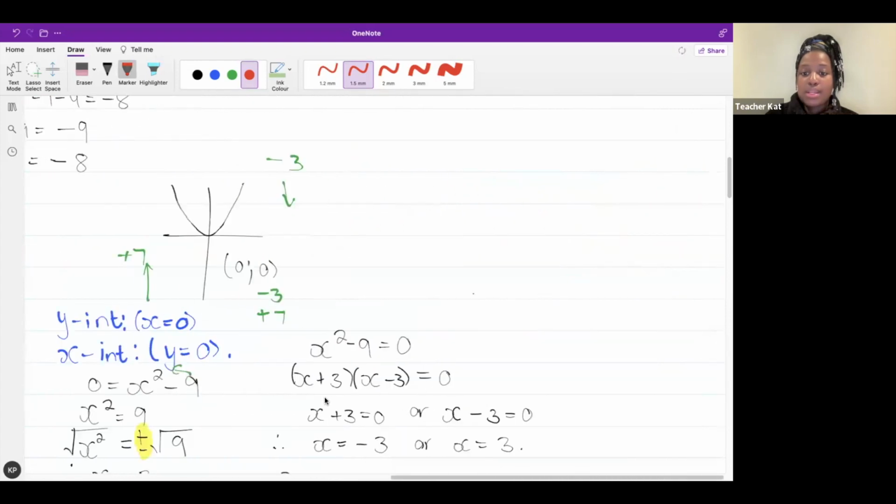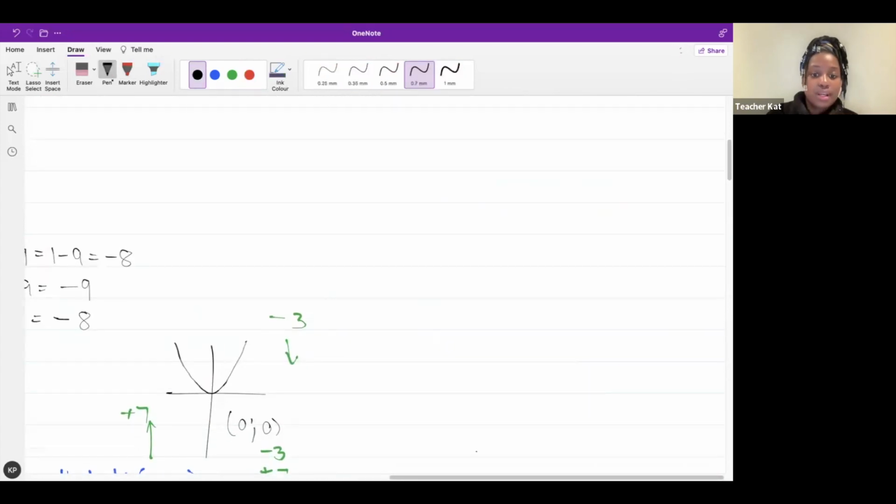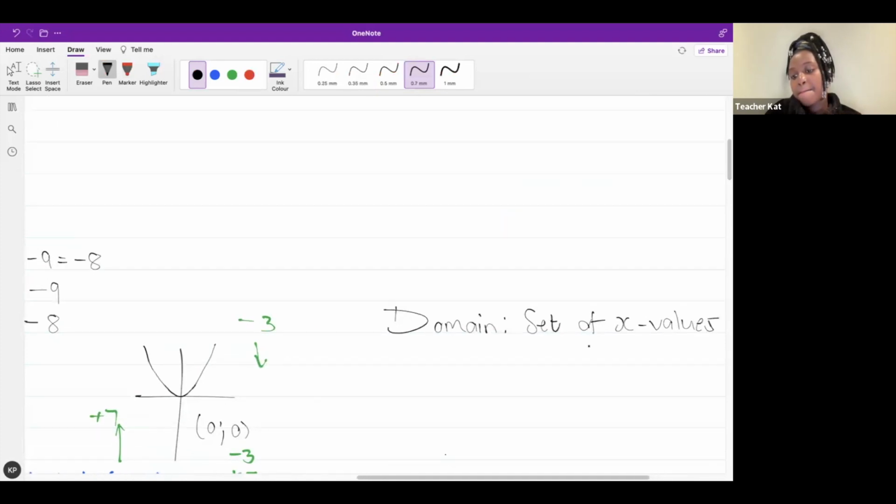So my domain, I'm first going to write it here. Domain is the set of x values, and your range is your set of y values.